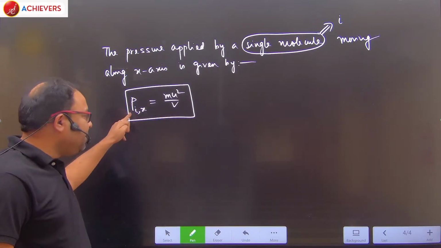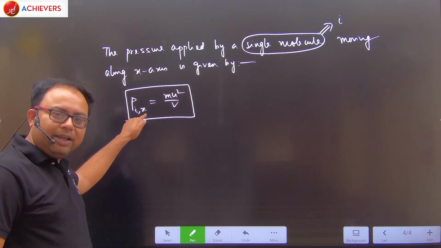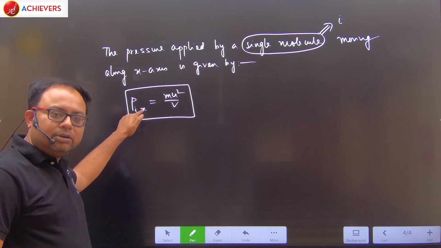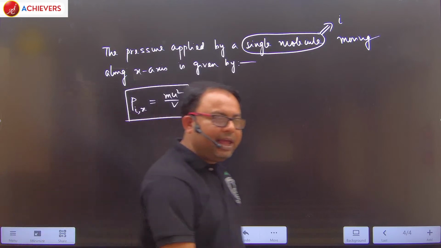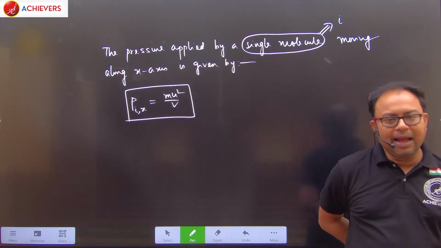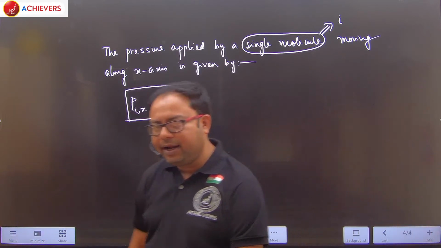Pressure applied by the ith molecule, which is constrained to move only along x-axis, is going to be equal to mu square divided by the volume V of the container.